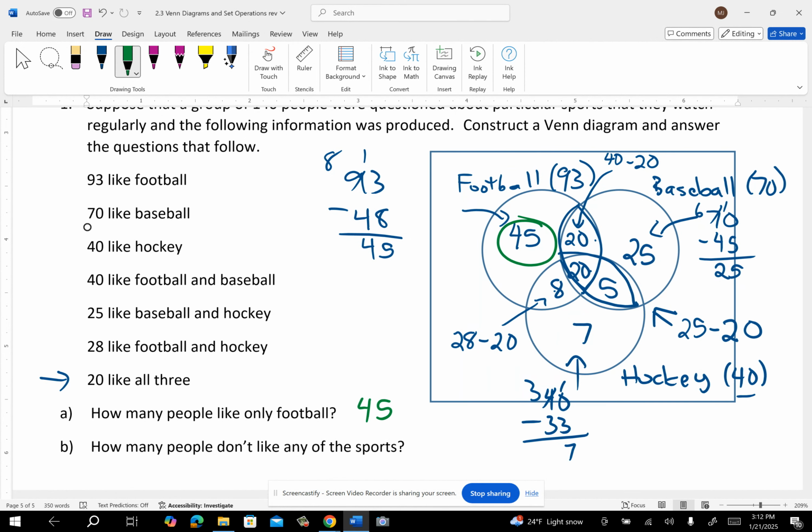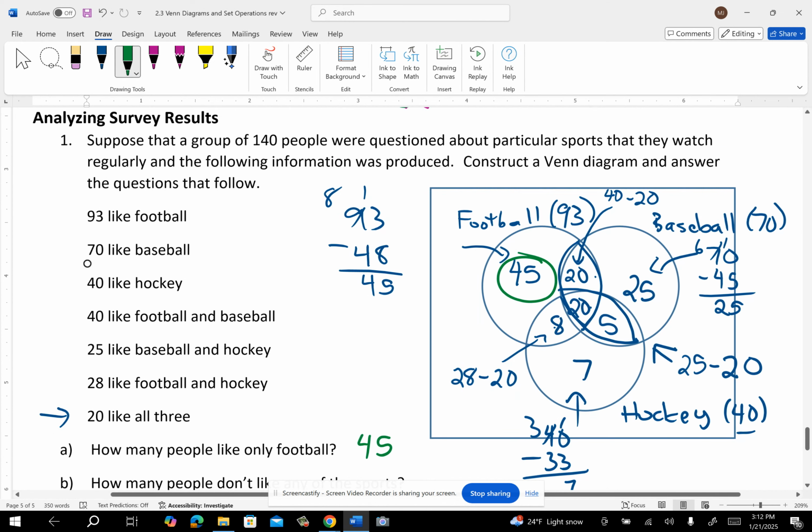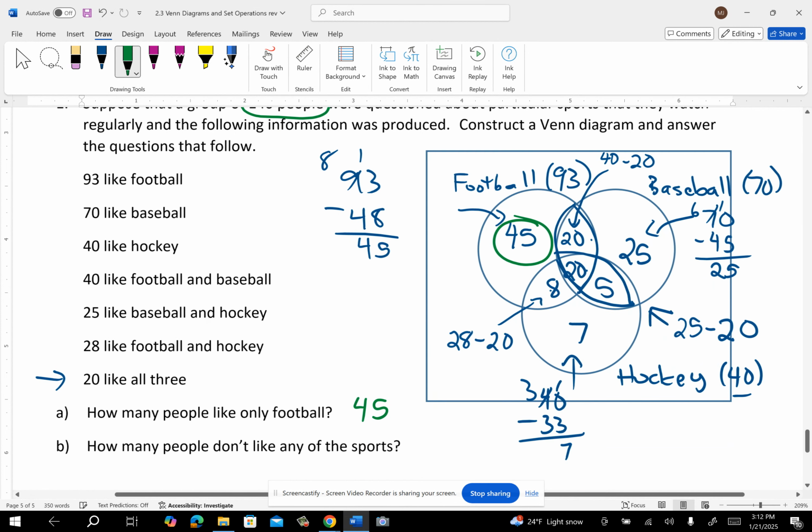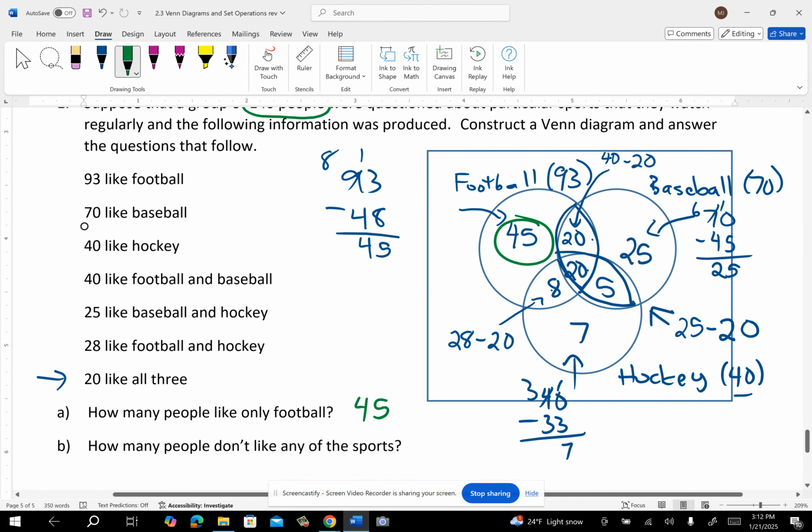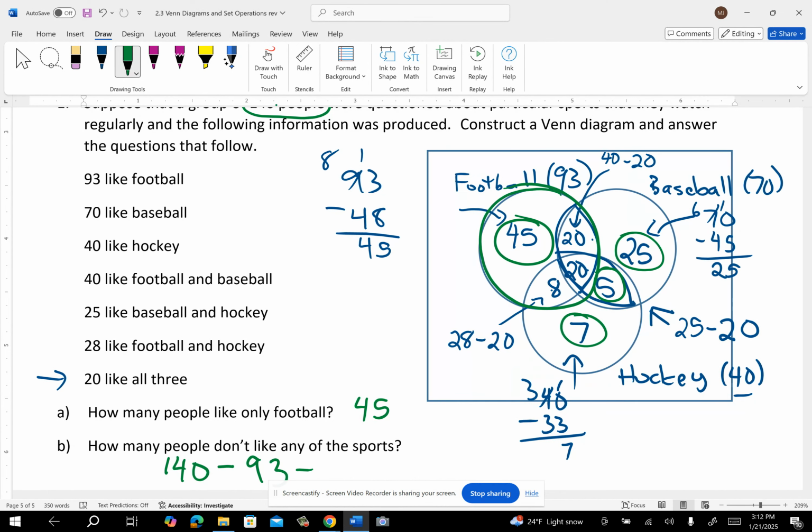Now, if they want to know how many people don't like any of the sports, I have to recognize that 140 people were questioned. So the total of everybody in the Venn diagram anywhere should add up to be 140. So what I'm going to do for this one is take that 140 and subtract all the people in the football circle, which is 93, and then the additional ones I haven't already subtracted would be 25, 5, and 7.